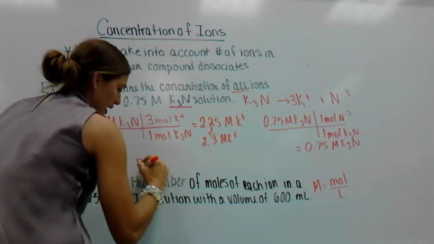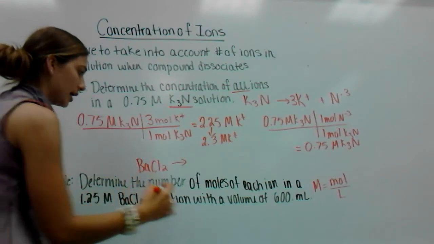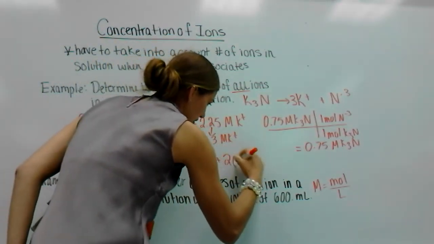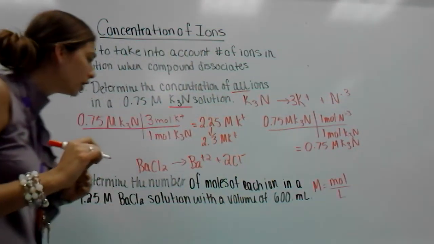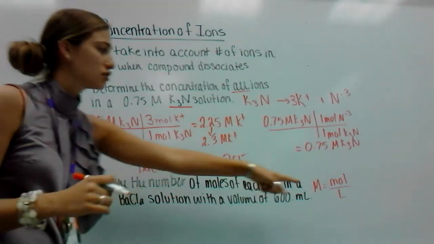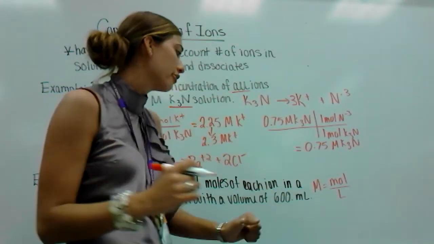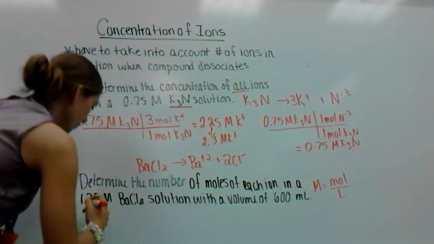So we have BaCl2. And it has to break down into ions, and it's going to break down into Ba 2 plus and 2Cl minus. Okay, so now we're going to try to solve for moles. So we have to multiply our molarity times our volume. And again, our volume has to be in liters.